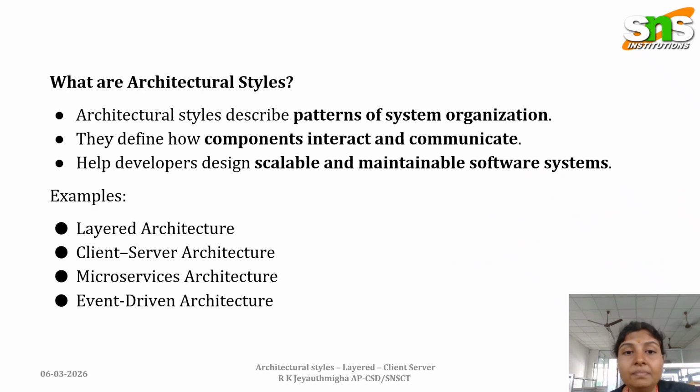Architectural styles describe patterns of system organization. They define how components interact and communicate, and help developers design scalable and maintainable software systems. Examples: layered architecture, client-server architecture, microservices architecture, event-driven architecture.